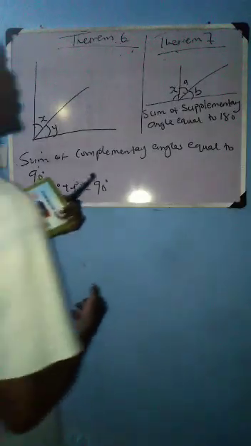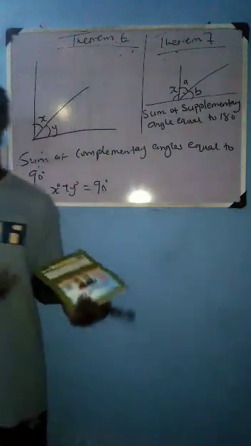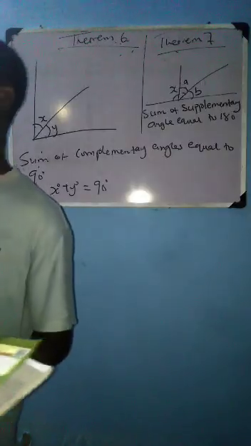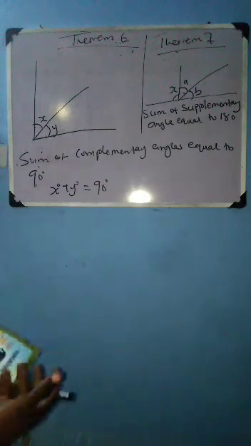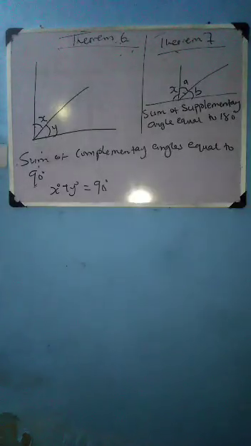I'm just numbering the theorems for you so that it will be easy for you to understand. So we are going to go into solving some questions that are easy, but can be solved. Are you taking it down?